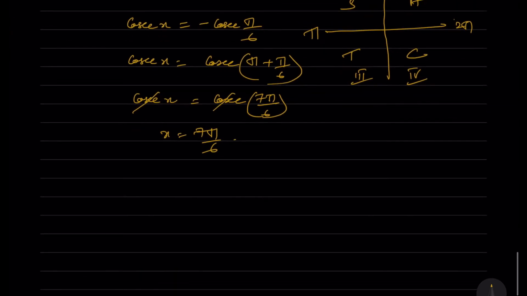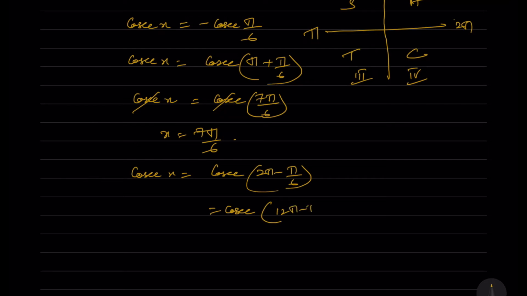The next one where we are getting negative, we are getting it as cosecant x is equal to cosecant of 2 pi minus pi by 6. In that also, in the fourth quadrant also, it's negative. Therefore cosecant of 2 pi minus pi by 6 is equal to cosecant of 11 pi by 6.